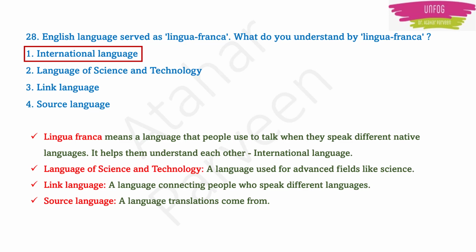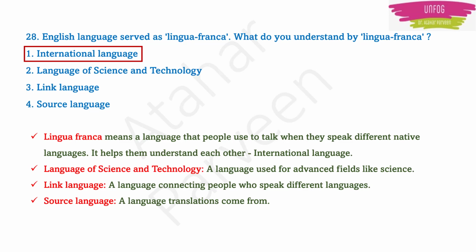So lingua franca means the language that people use to talk when they speak different native languages. Lingua franca helps people understand each other. It is just a communication language. It just removes the communication gap, because we need to interact with each other, which means we need a language, right? Whatever it can be, correct?